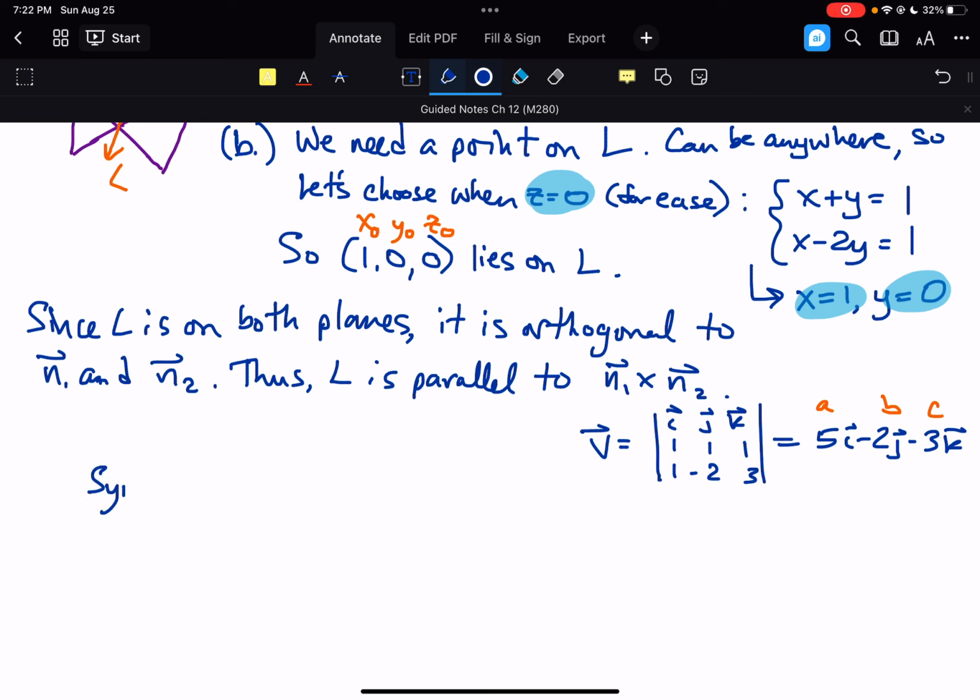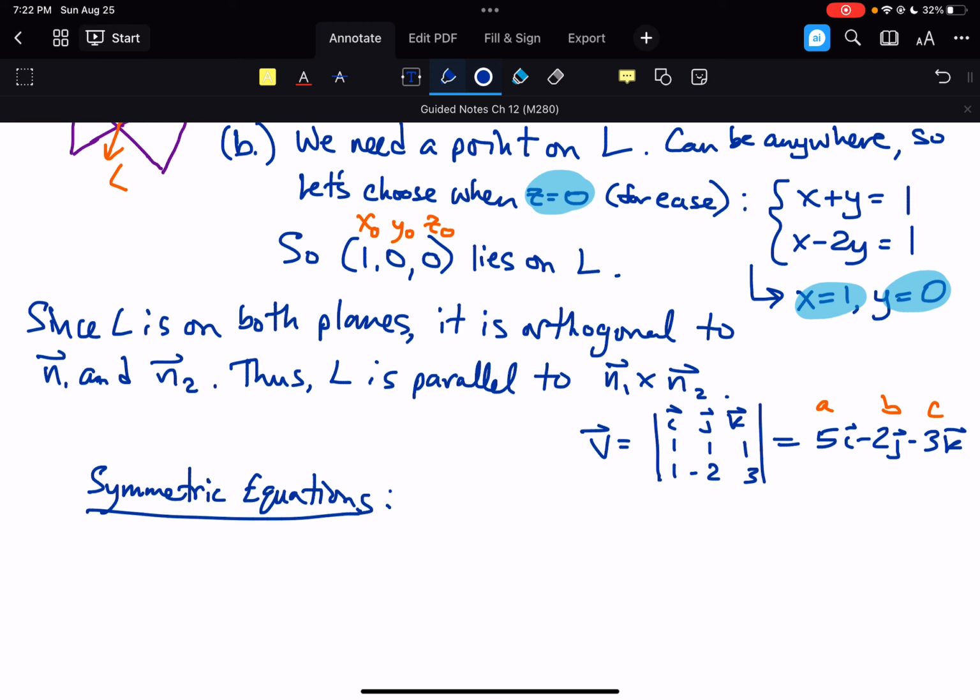So we get symmetric equations. Remember, that's (x minus x naught) over a equals (y minus y naught) over b equals (z minus z naught) over c.